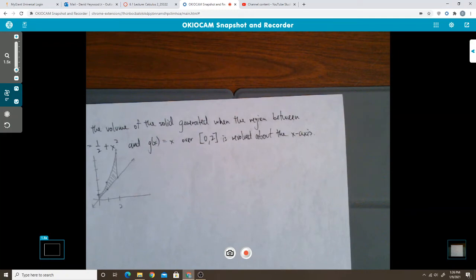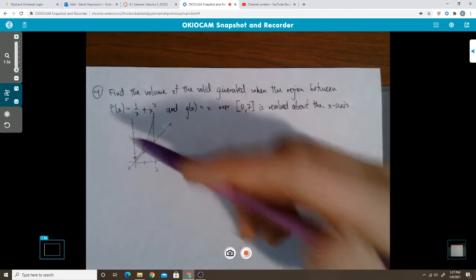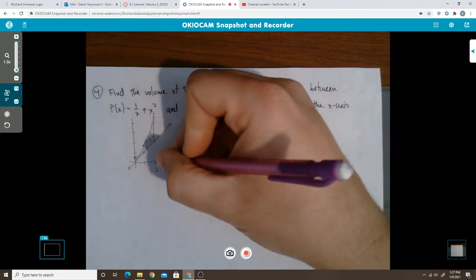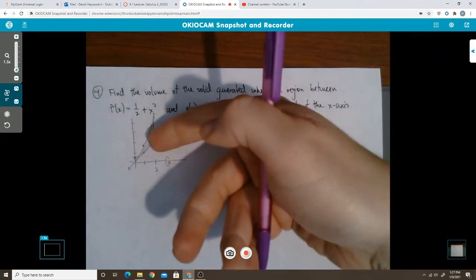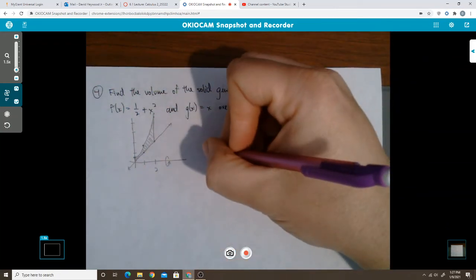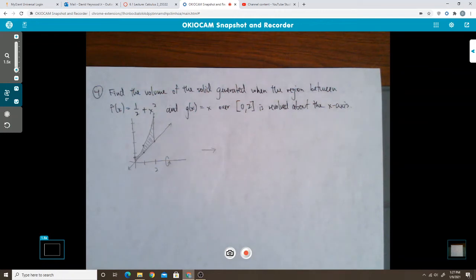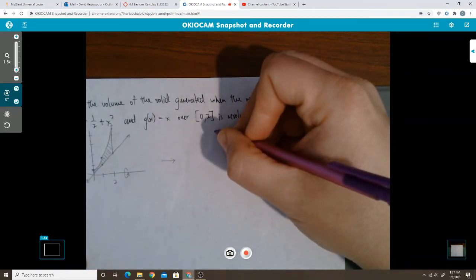But that's okay. We're going to redraw it in a second, because we want to take this thing and revolve it around the x-axis. If you imagine taking this and spinning it around the x-axis, what do you get? Well, let's see.